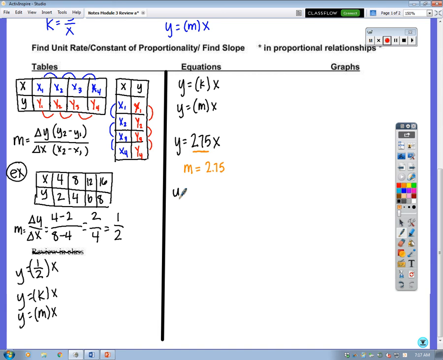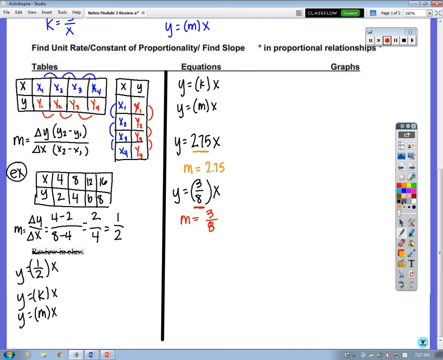What if you have this equation here, y equals 3/8 x? Well, one more time, since this is in the format we are familiar with, where it's either k or m, depending on what they're asking for, that is slope, or constant of proportionality, is equal to 3/8. So we're just pulling that number out of that format.